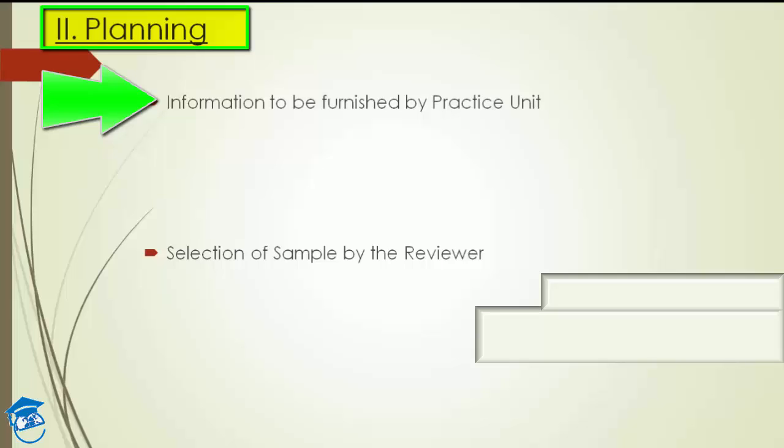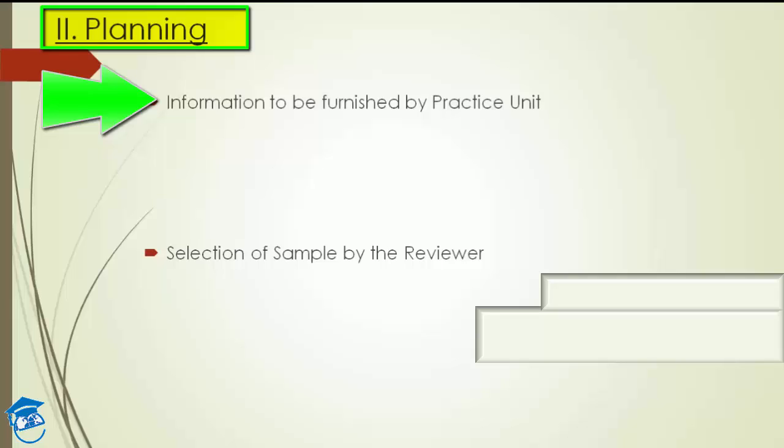And finally, details of any proceedings against the practice unit or any of the partners or qualified assistants, taken by any regulatory, monitoring or enforcement bodies, relating to any investigation or allegation of deficiency in the conduct of attest functions done by them. All this information is required to be furnished by the practice unit within a period of 15 days to the board.